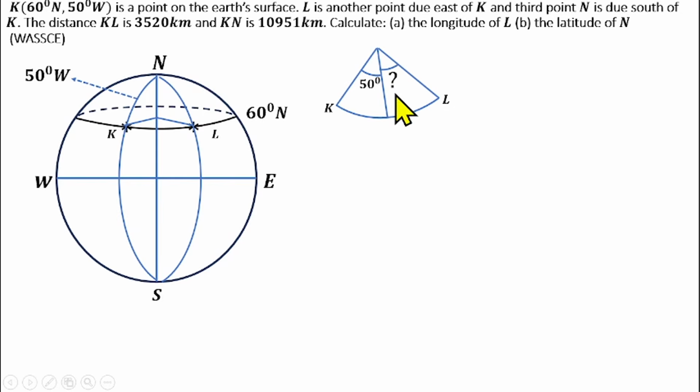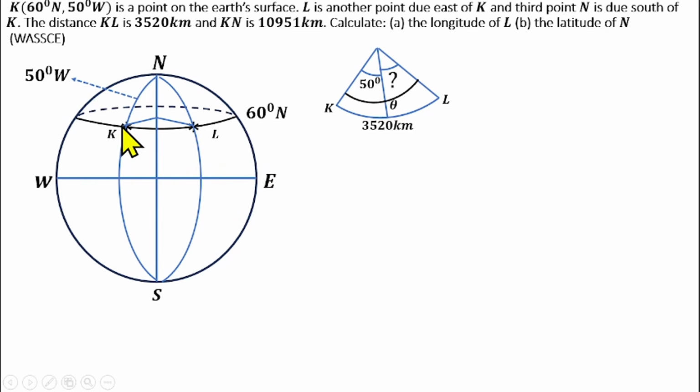We don't know it, but we can find the angular distance between K and L, theta, because we are given the distance between K and L. Then, to get this longitude, all we need to do is remove 50 degrees from theta. So the question is, am I finding the distance between K and L along a great circle or along a small circle?